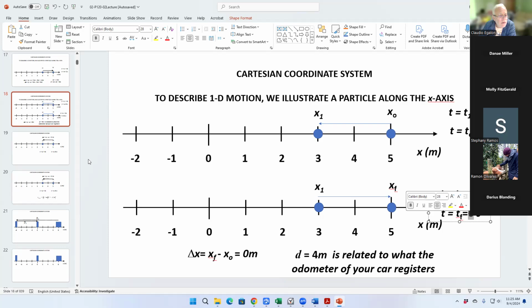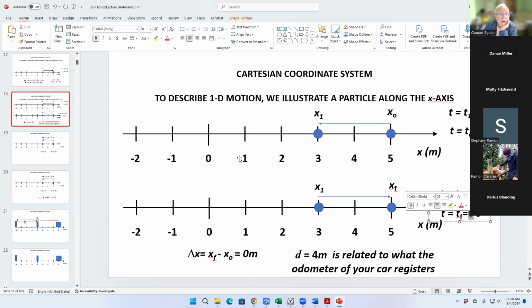The concept of distance traveled is more difficult to calculate than the displacement. If we are talking about one-dimensional motion, distance traveled is not a big deal, because the particle is moving only along a single axis. But when we start looking at two-dimensional motion, for instance, then calculating the distance traveled becomes more difficult.